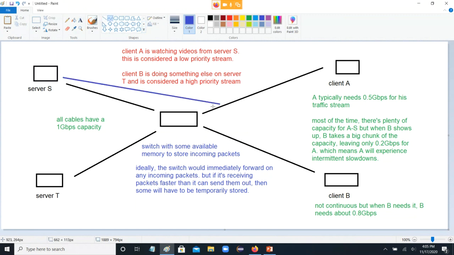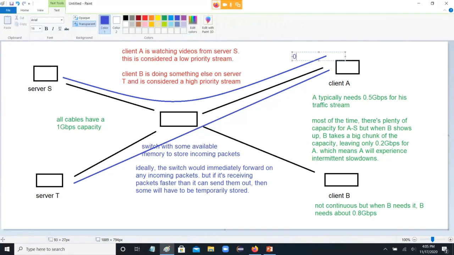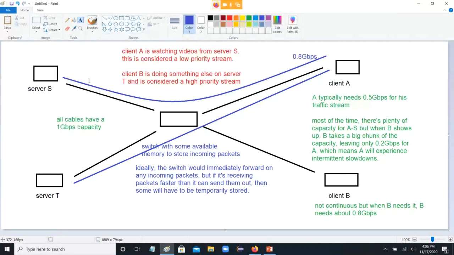A is simultaneously receiving data from S and receiving data from T. Okay, so we're doing that at the same time. And each of these, say, requires 0.8 gigabits per second. So there's enough capacity, right, to handle this traffic going through. He can handle 1 gigabit per second and send it to the switch.